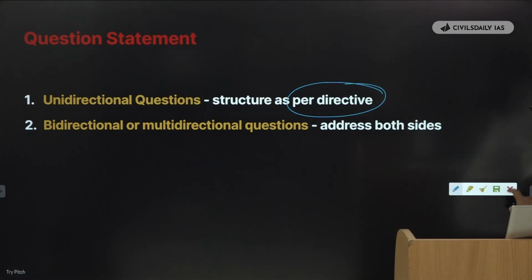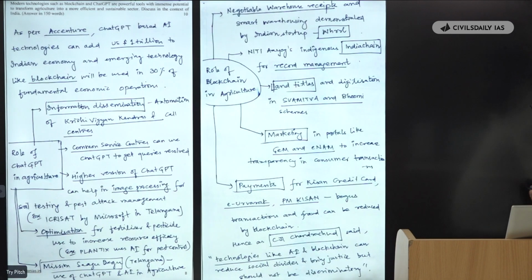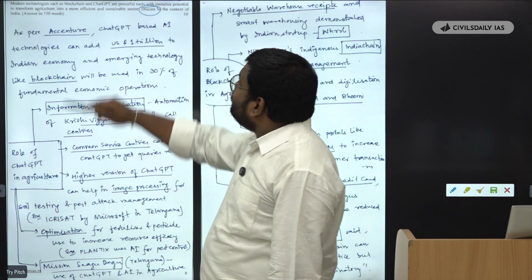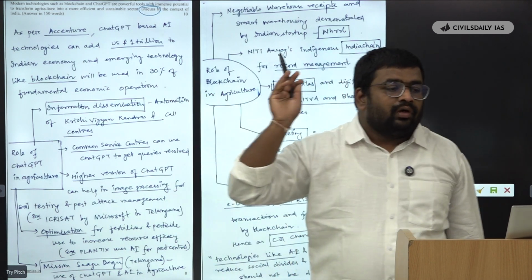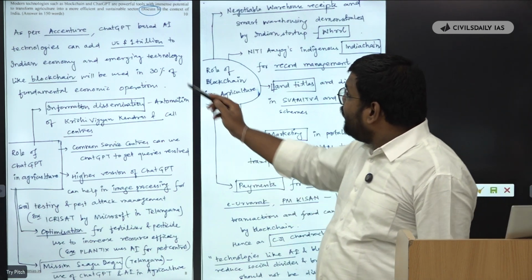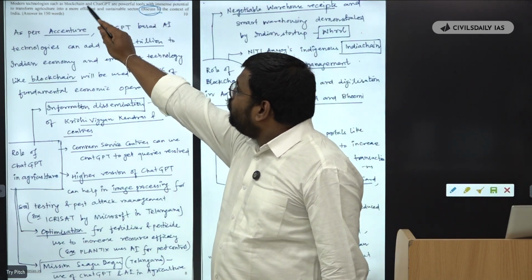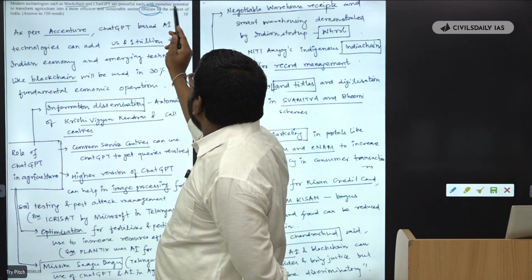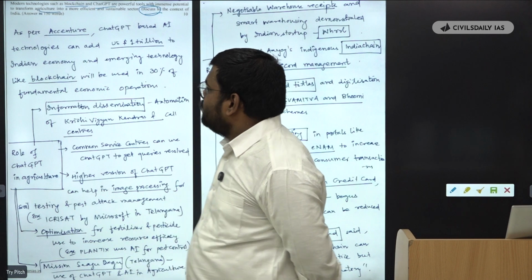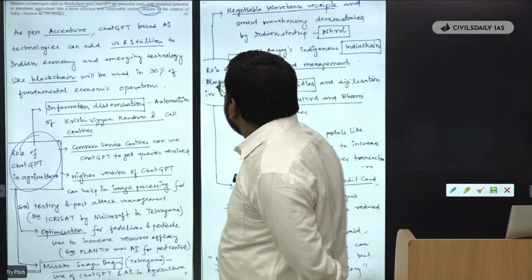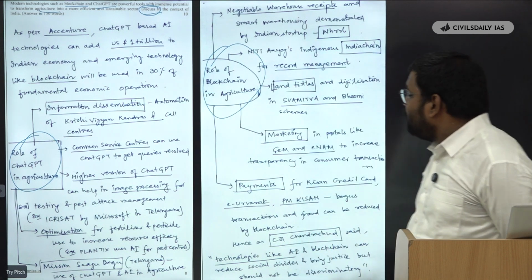If you see the same question, the directive that they have given is discuss. So discuss as in you don't need to highlight the issues or anything. You can simply go by the directive and simply discuss the significance of blockchain and ChatGPT in transforming agriculture. Right. So if you see the answer of Animesh, role of ChatGPT in agriculture, role of blockchain in agriculture.